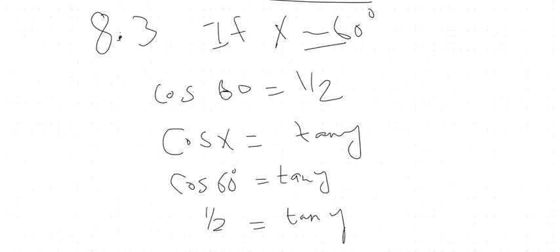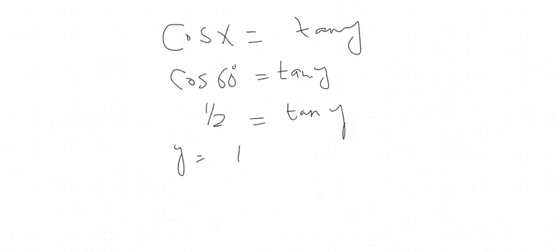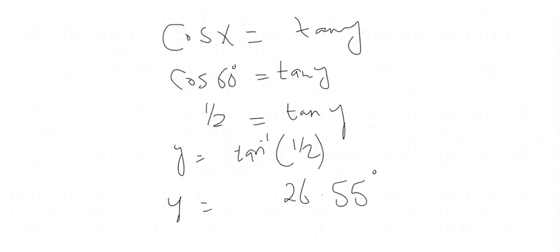So we say tan inverse of 1 by 2, and the answer of tan inverse is 26.55 degrees. Okay, this is the required answer, the size of angle DBA. So this is the required answer of 8.3.